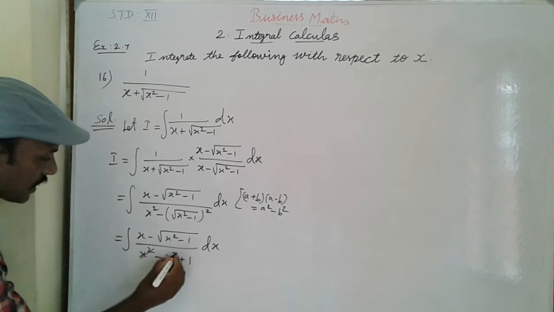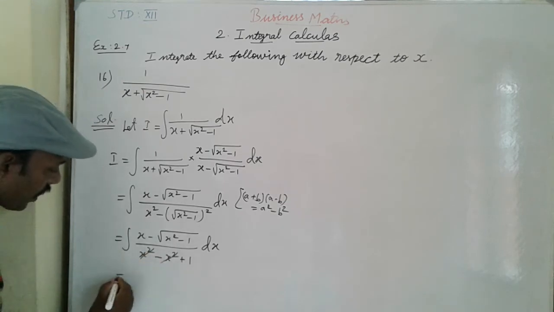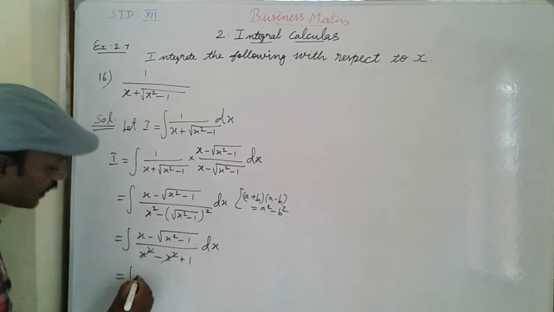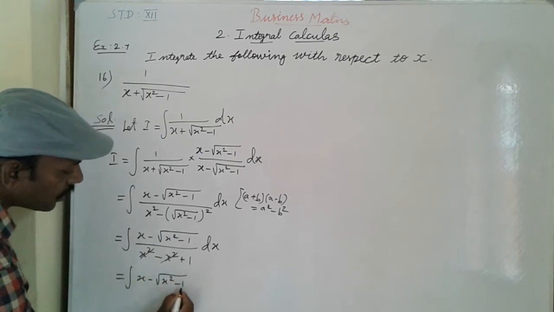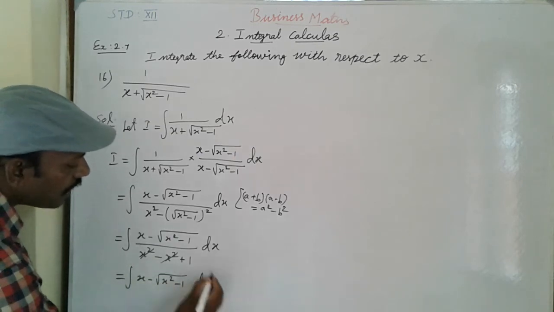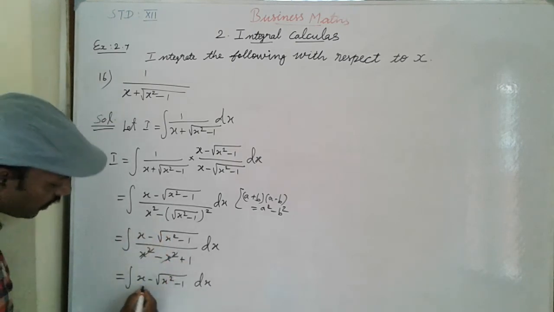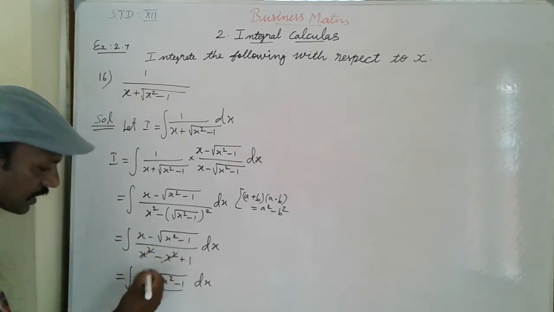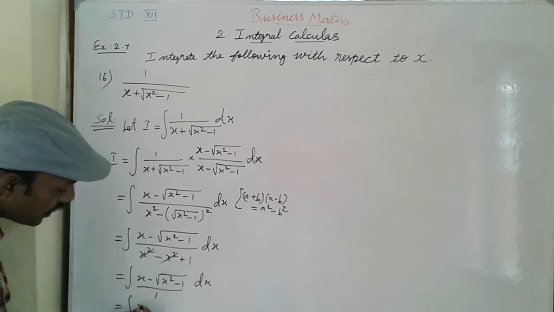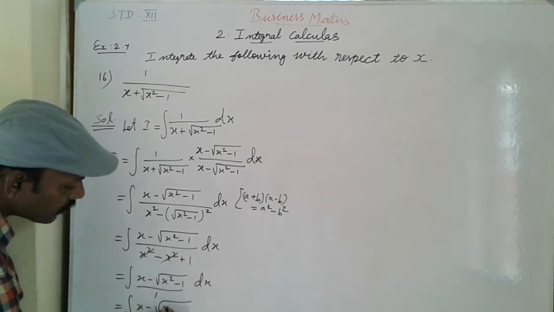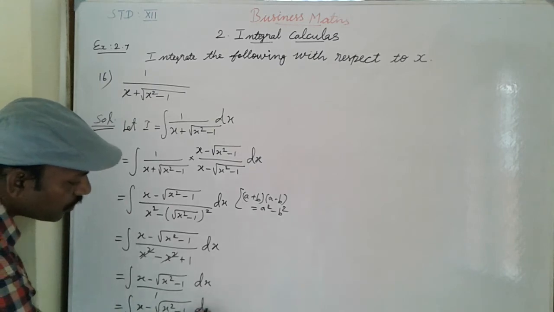Now x square minus x square cancels, integral x minus root of x square minus 1 into dx, divided by 1. It's the same value, x minus root of x square minus 1 into dx.